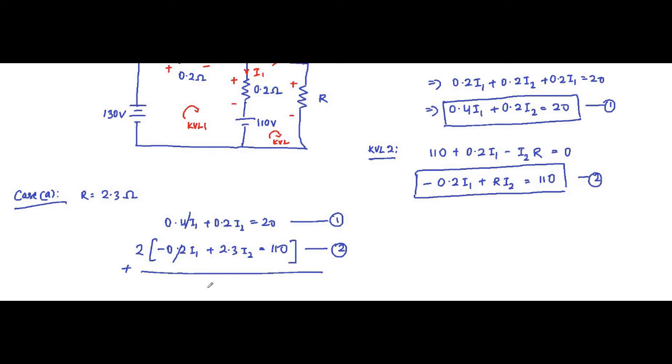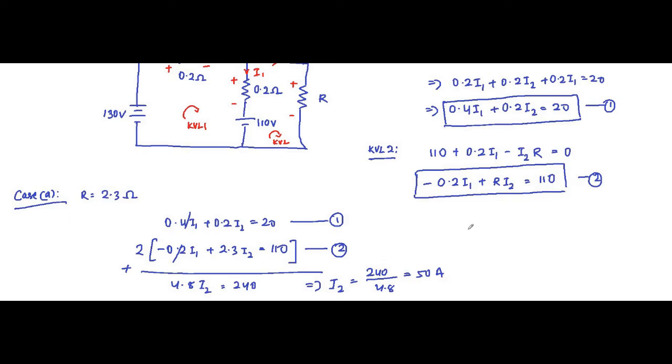Then we have 4.6 I2 plus 0.2 I2, which is 4.8 I2, equal to 2 into 110, which is 220, plus 20, which is 240. That implies I2 is equal to 240 by 4.8, which is 50 ampere.